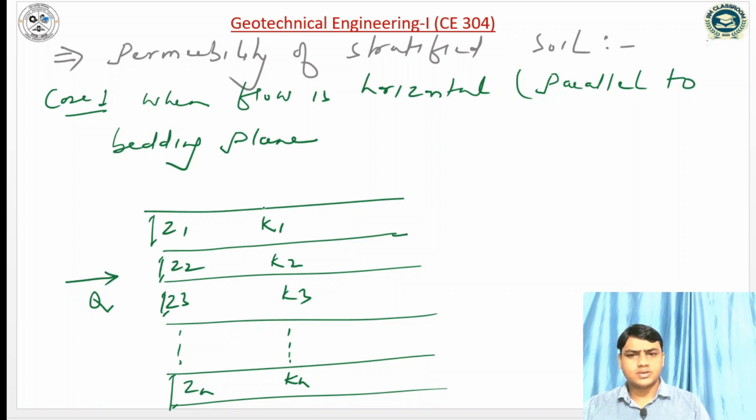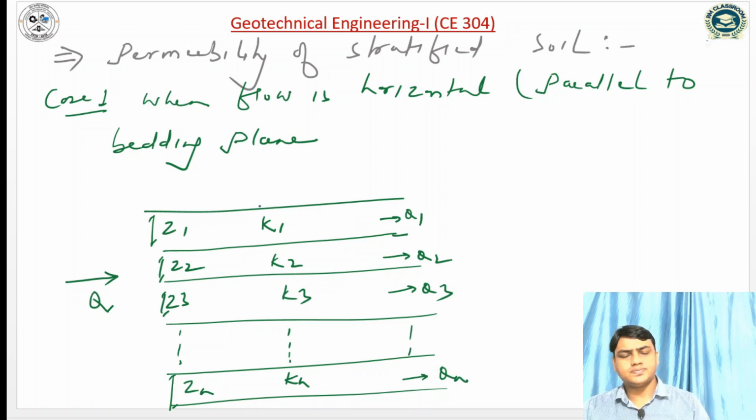When flow is horizontal, we can see that at a certain time the head loss will be the same for a given discharge. So the hydraulic gradient in each layer will be the same. Let this be Q1, Q2, Q3 and Qn.